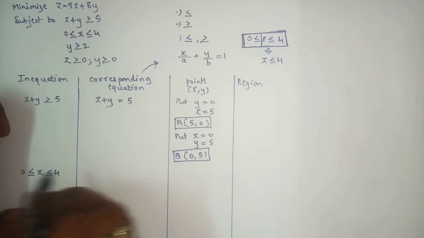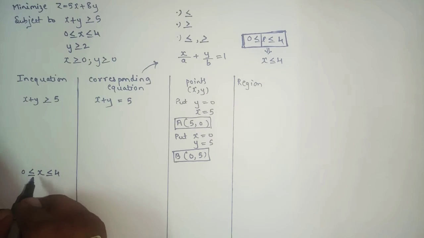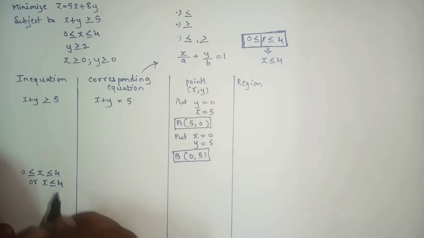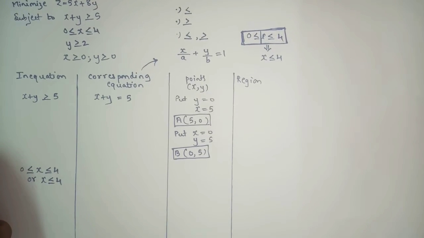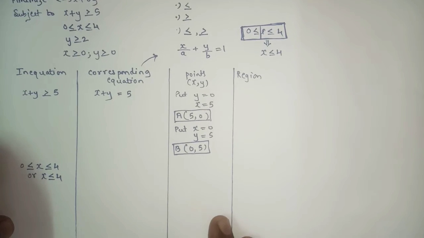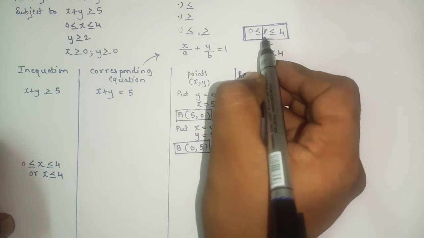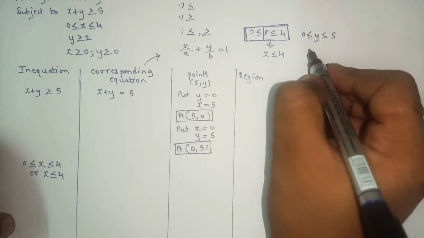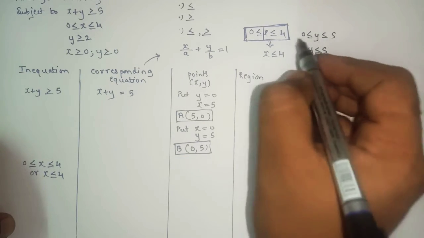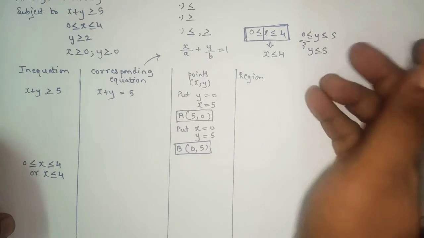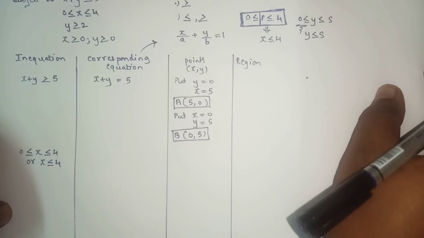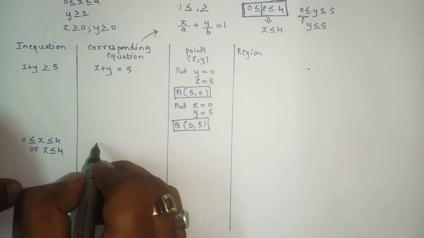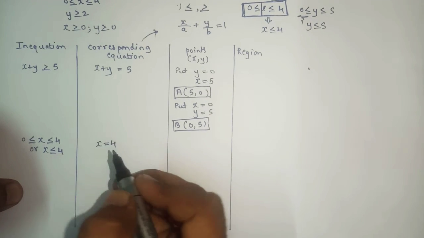So here we can write 0 less than equal to x less than equal to 4, or else you can write x less than equal to 4 also. If in place of x it is y, it means y less than equal to 5. Don't consider this 0 less than equal to. Understood? So what will be the corresponding equation? It will be x equals 4.